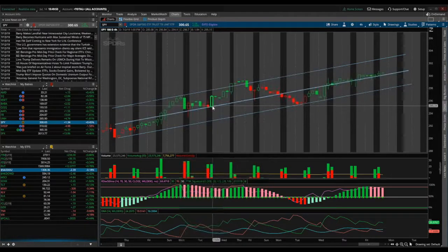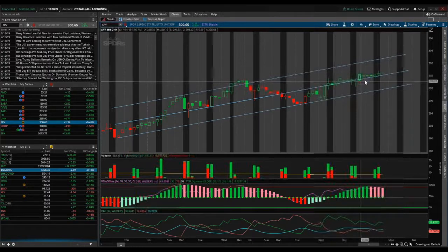Price never closed below that, or not never, it did, but once it's above, it seems like now we head back to the top. So assuming that this channel is accurate, now that we're holding this midsection of the channel, we're holding it here, but you can see support, support, support.